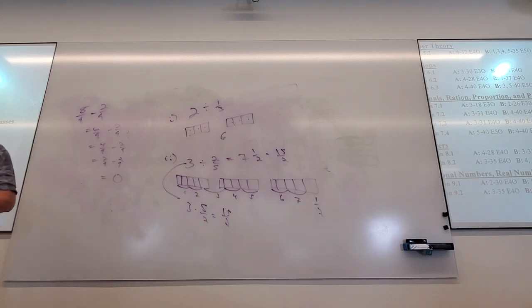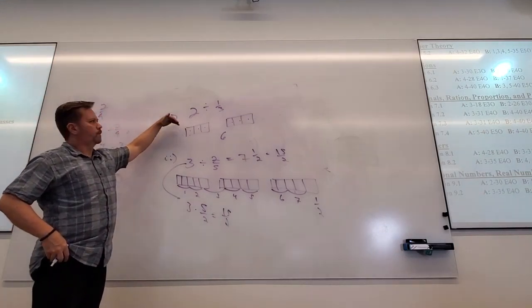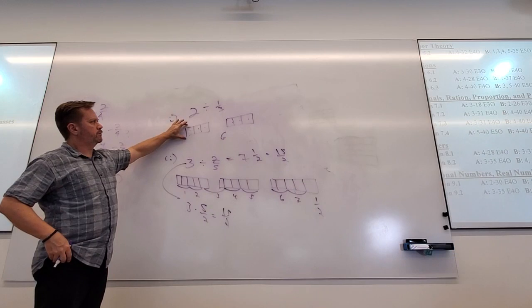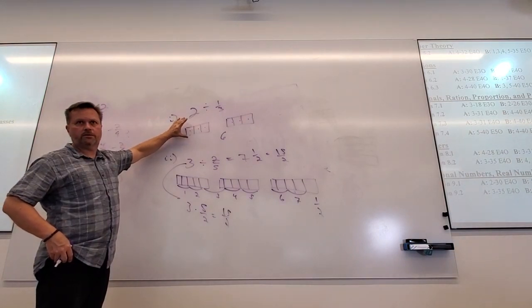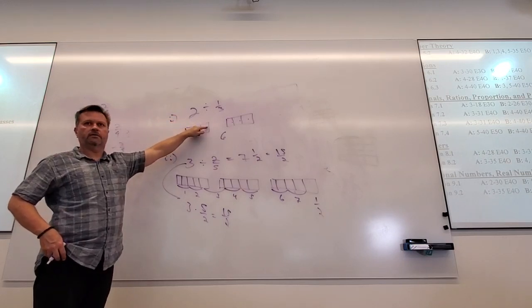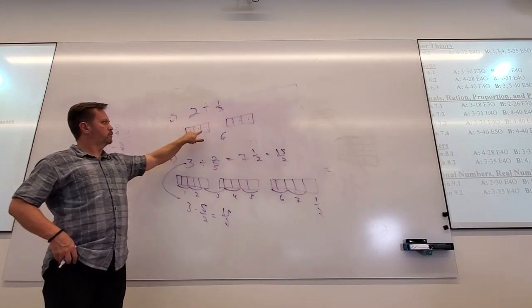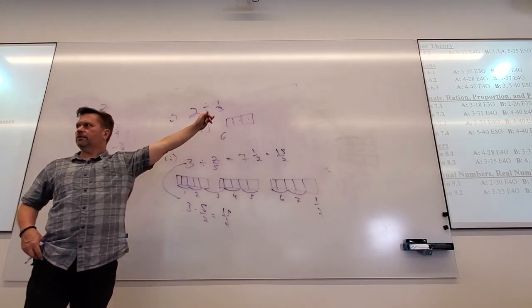By the way, before I get too far away from this, do you see how this example we did up here, how does this picture represent multiplication? Because you're counting how many thirds there are, right? So there's 3 of them in this one block. There's another block that has 3 of them, so there's 2 times 3.